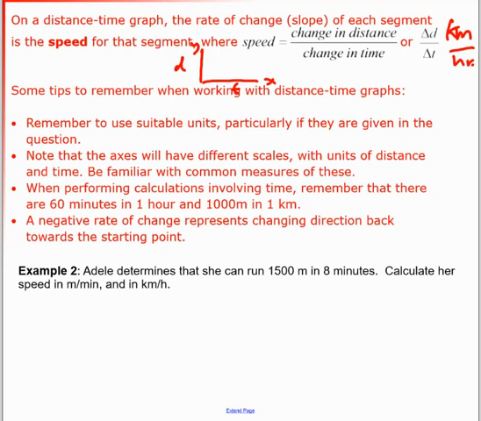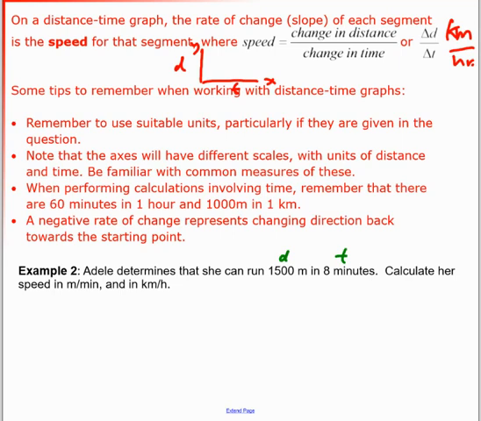Okay, so let's read this example. Adele determines that she can run a distance of 1,500 meters in a time of 8 minutes. Okay, calculate her speed in meters per minute, and then in kilometers per hour.